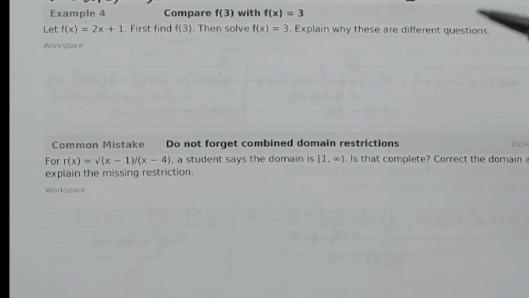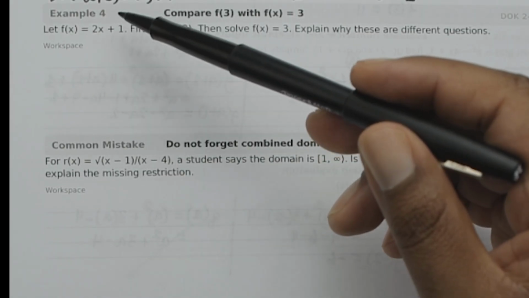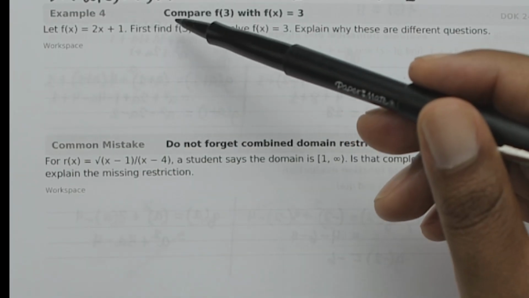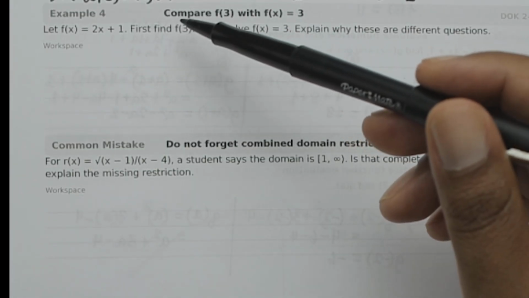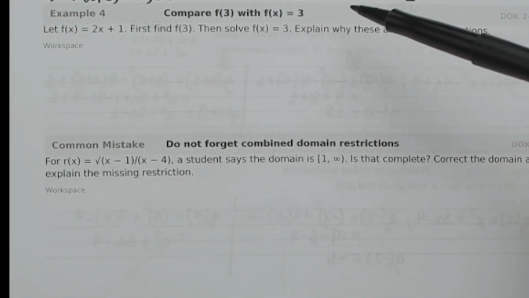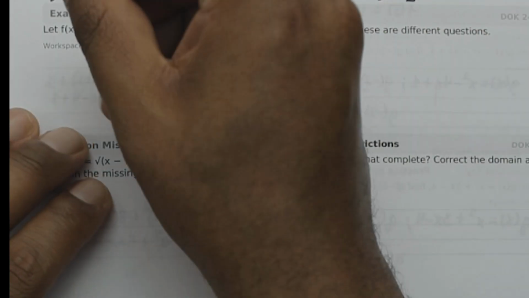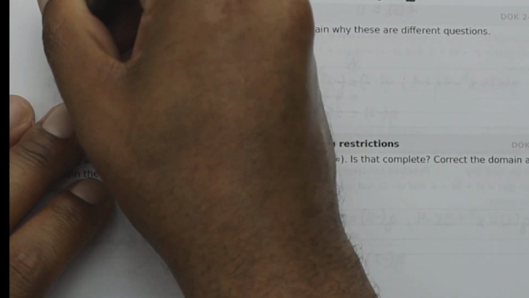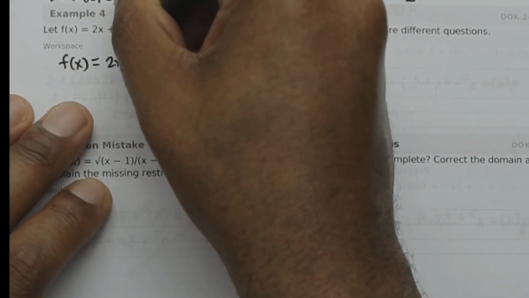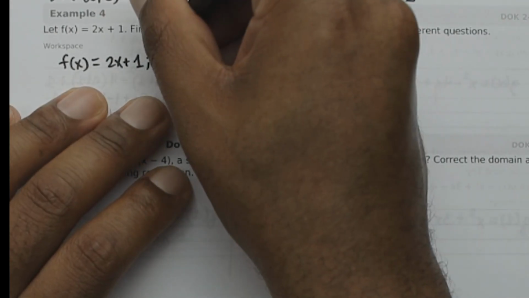Now, this says let f of x equal 2x plus 1, and then first find f of 3, then solve f of x equals 3, and explain why these are two separate equations. First, let's find f of 3. We're substituting 3 into the expression.